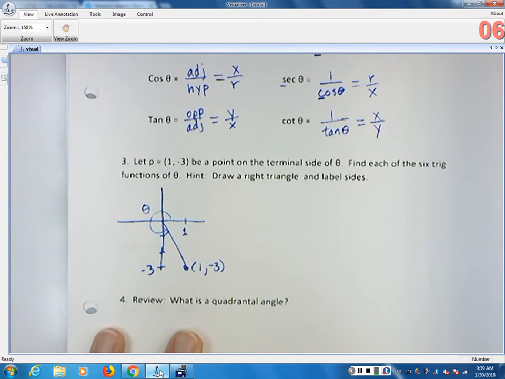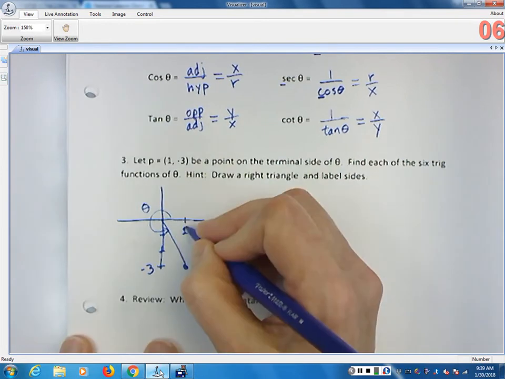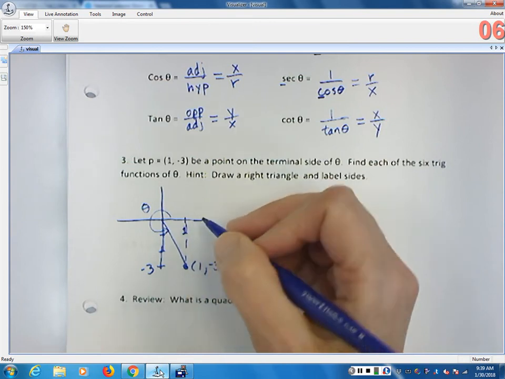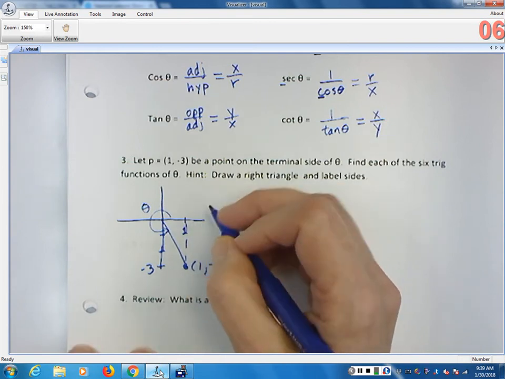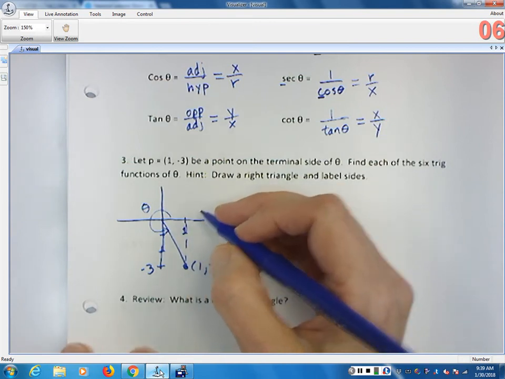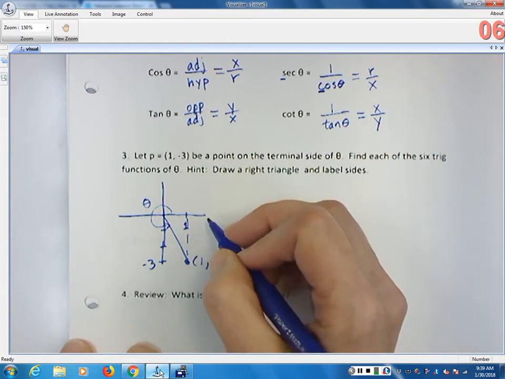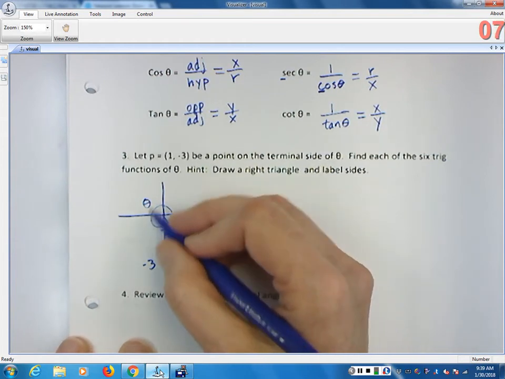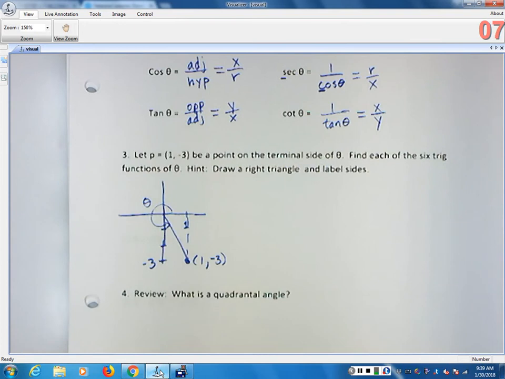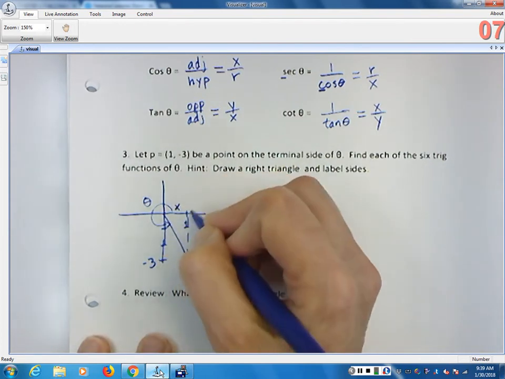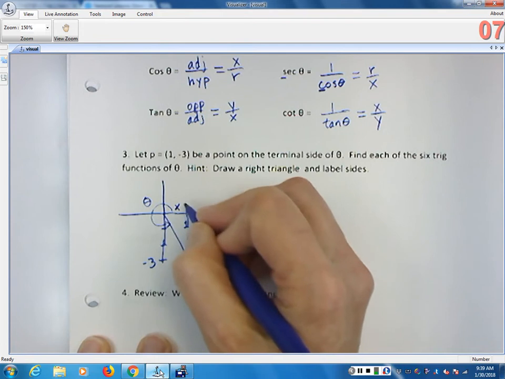And we make a triangle with the x-axis. We're always going to make our triangle with the x-axis. And so here's our x. The distance here is 1.